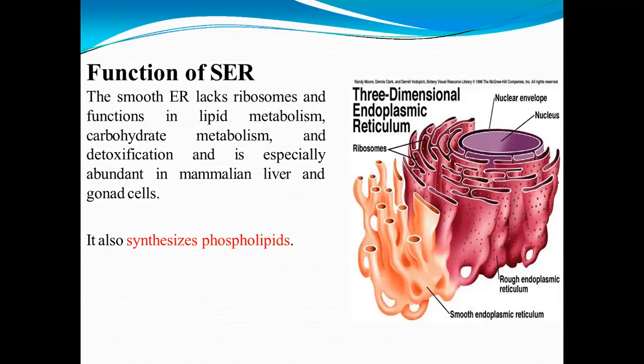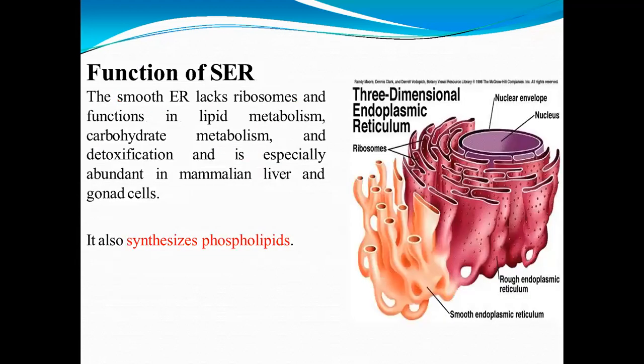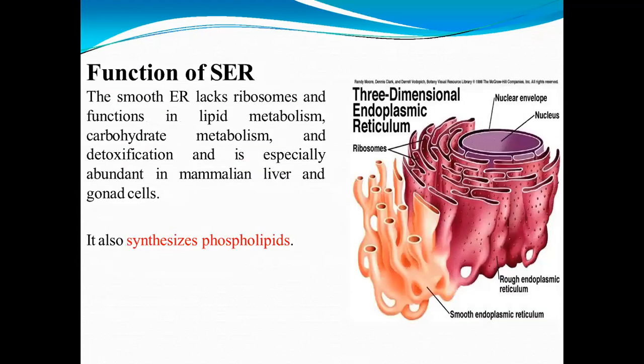Rough endoplasmic reticulum, in contrast, has functions that include surface ribosome attachment, synthesis of different proteins, formation of smooth endoplasmic reticulum, and synthesis of different precursors. However, smooth endoplasmic reticulum has the function of lipid metabolism, the synthesis and breakdown of different lipid molecules, carbohydrate metabolism, and also the detoxification of the cell.